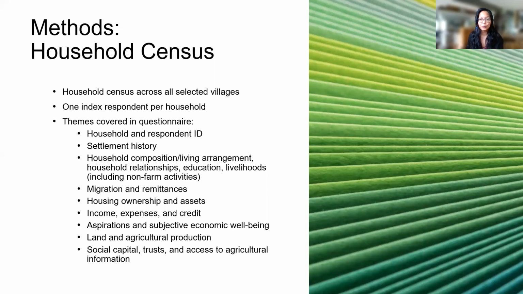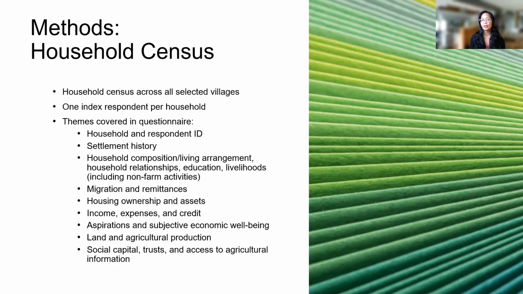These would be household and respondent identification, the household settlement history, household composition. For example, we'll be interested to record the living arrangement, relationship to head of household, education of the household members, the different livelihood strategies that each household member is primarily involved in, and so on.